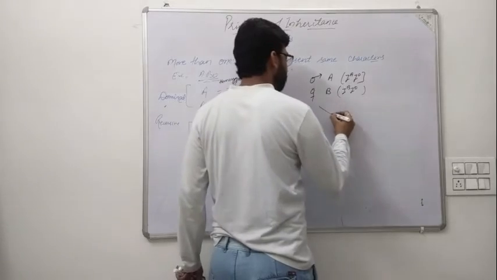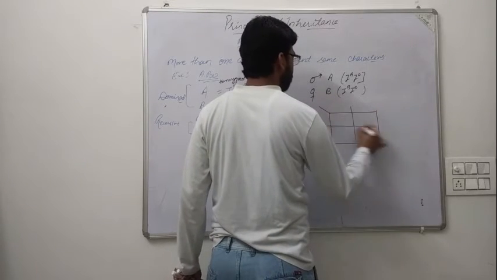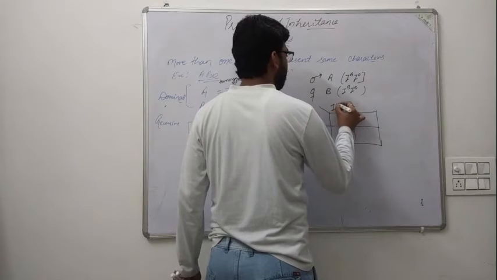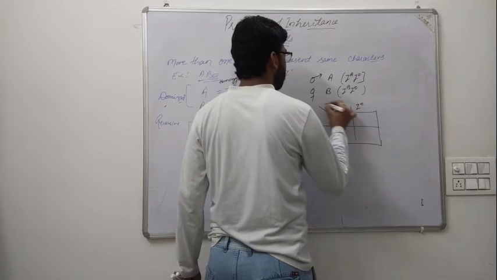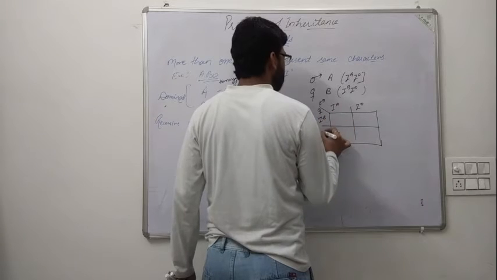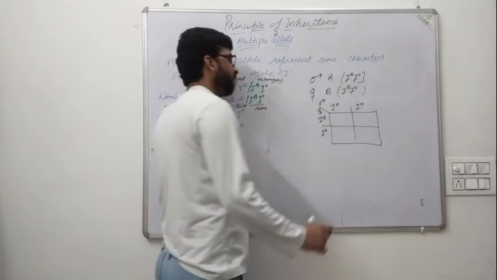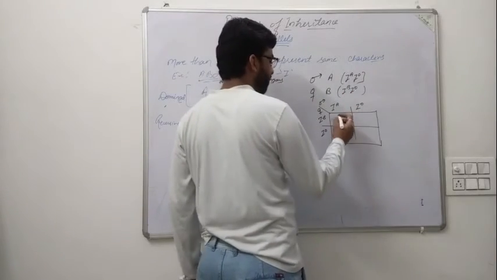We just make a Punnett square again: IAIO for blood group A for the male and IBIO for the blood group of the female. Here both are in heterozygous condition, we know very well.